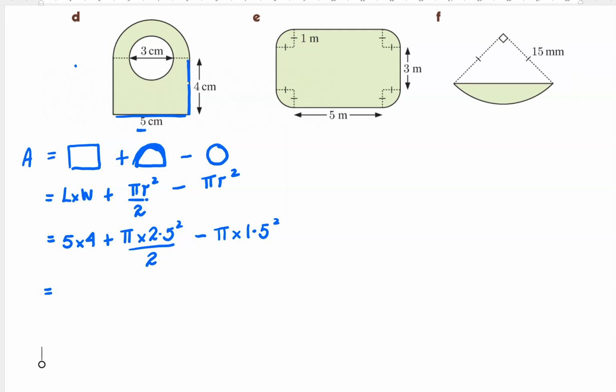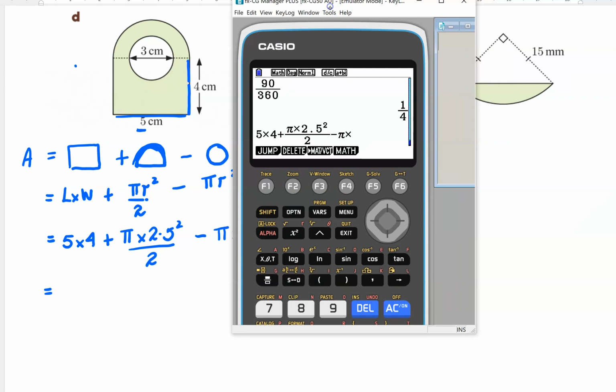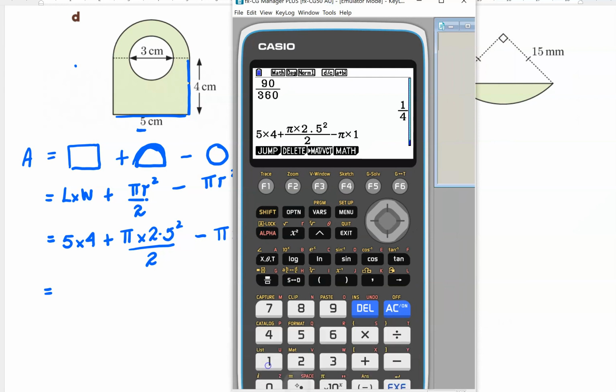Now if you want to, you can calculate each one separately or all at once. So 5 times 4, could have just put 20, plus press your fraction button. Pi times 2.5, you have a squared button, over 2 minus pi times 1.5 squared equals.